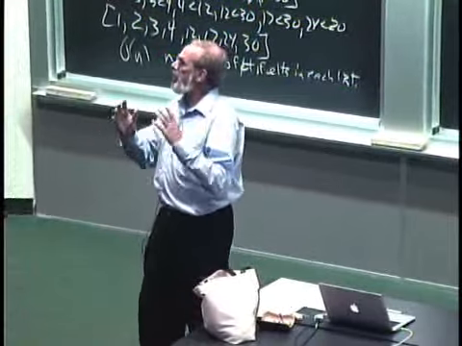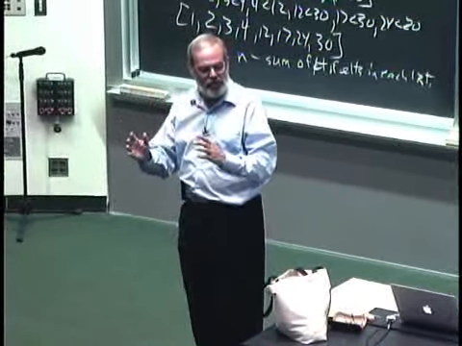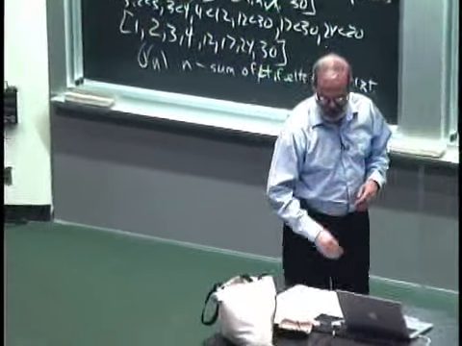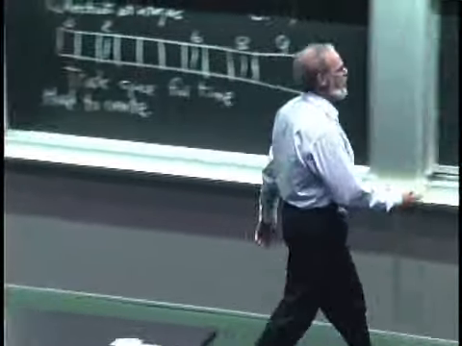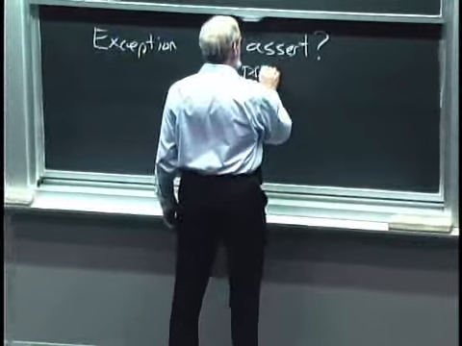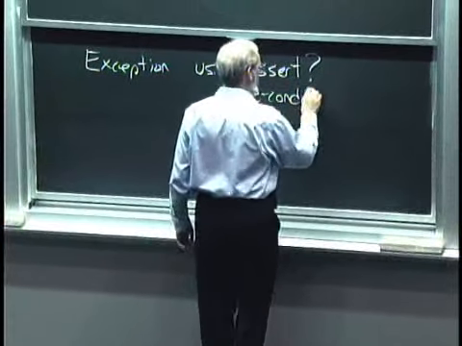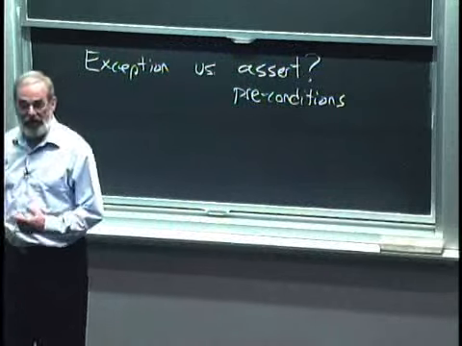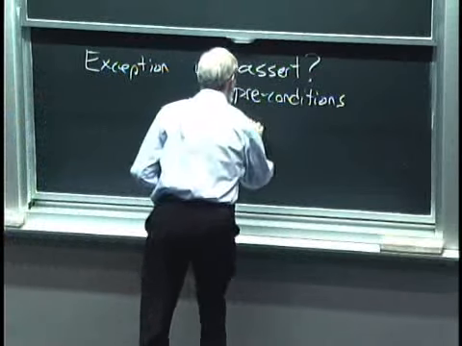Assert said, here are some conditions to test. If they're true, I'm going to let the rest of the code run. If not, I'm going to throw an error. Right? So the assertion is basically saying we've got some preconditions. Those are the clauses inside the assert that have to be true. And there's a post condition.